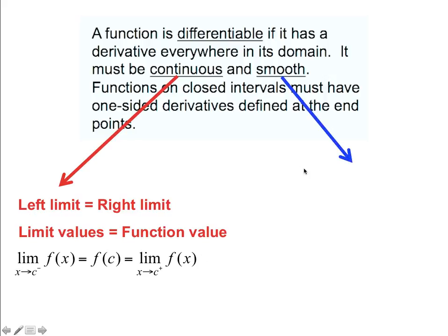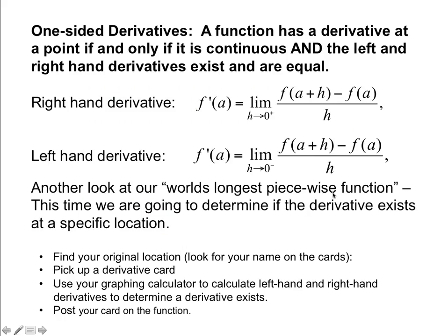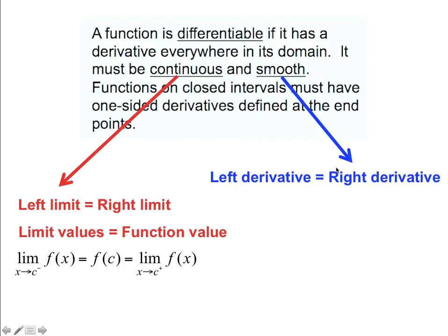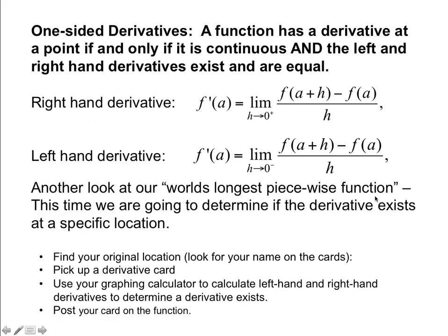And for smooth, we're talking about the derivatives being the same. So we have to have the left derivative and the right derivative being the same. When we talk about a right-hand derivative and a left-hand derivative, we're looking at that smoothness: approaching from the bigger values and approaching from the smaller values.